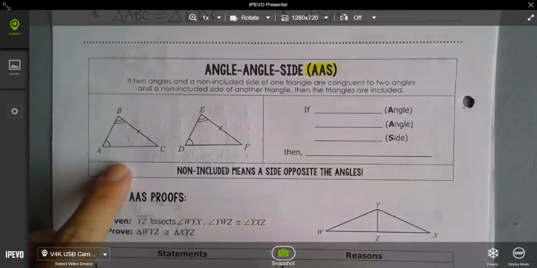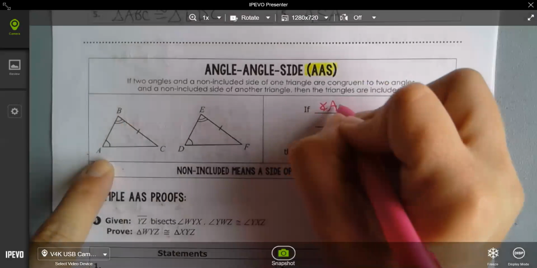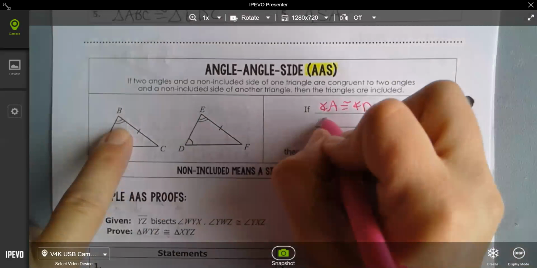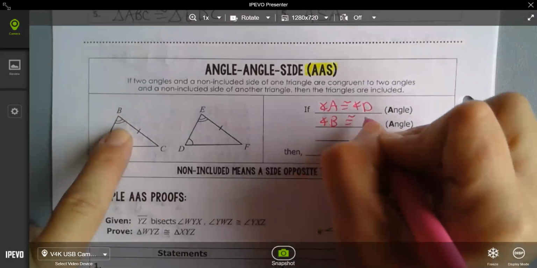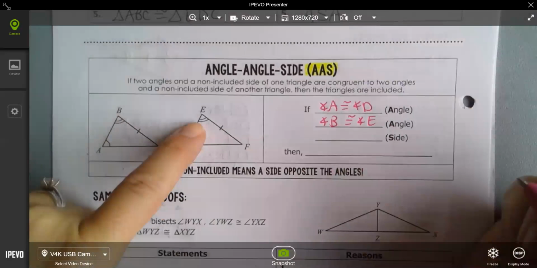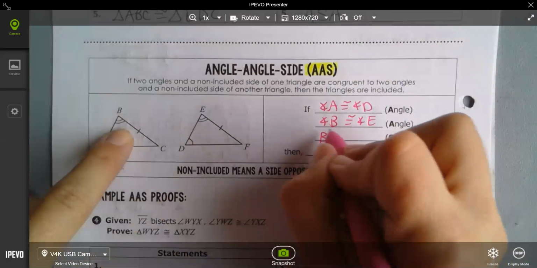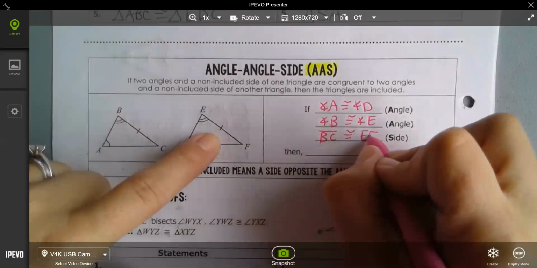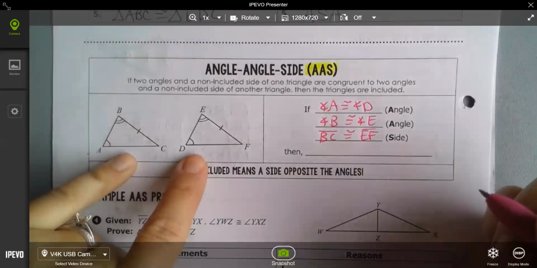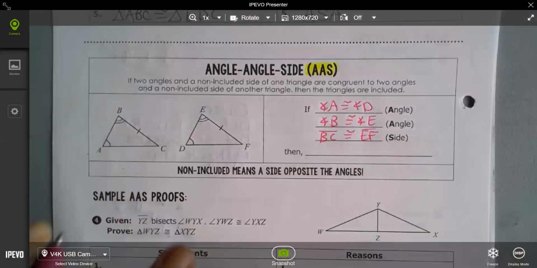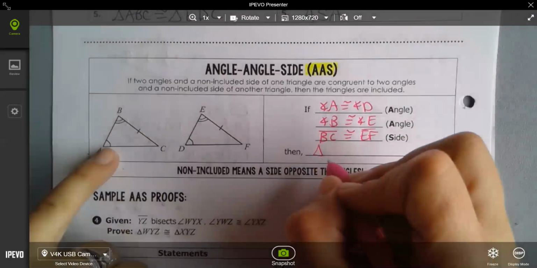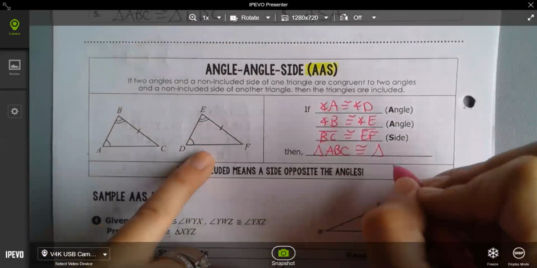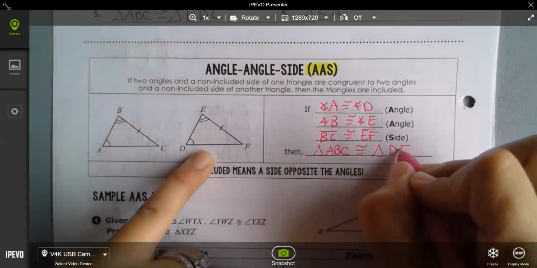So this says, if angle A is congruent to angle D, and the next angle B is congruent to angle E, followed by side BC congruent to side EF, then I can say that those two triangles are congruent. So triangle ABC would be congruent to triangle, same order, DEF.